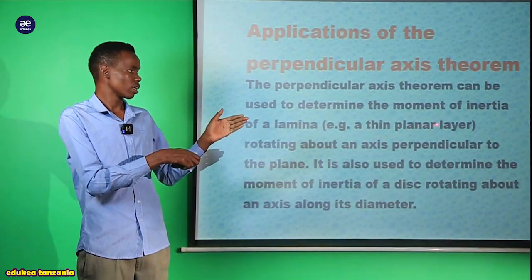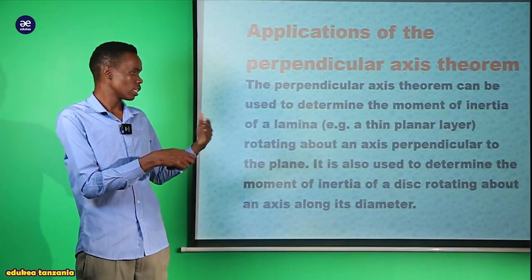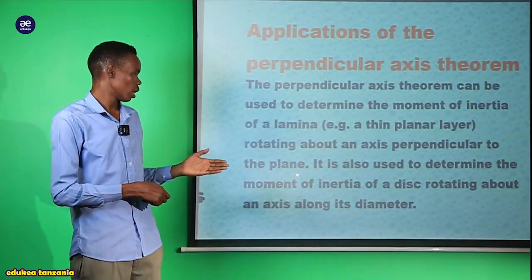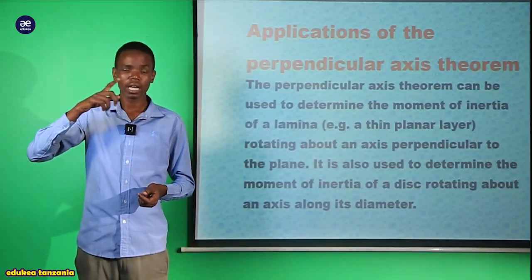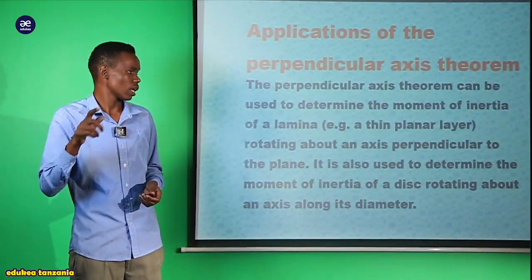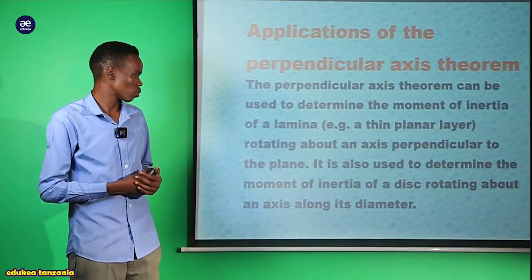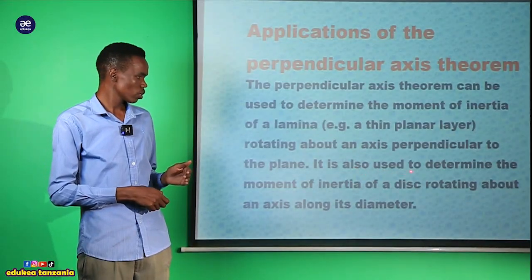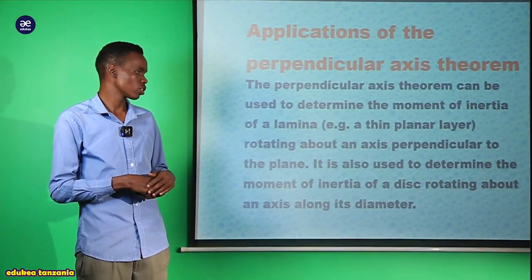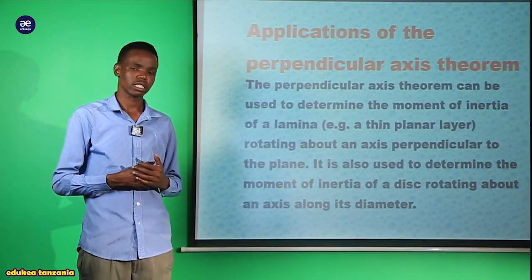We have a planar layer rotating about an axis perpendicular to the plane. Now we are going to see how the planar layer rotates about an axis perpendicular to the plane. It is also used to determine the moment of inertia of a disk rotating about an axis along the diameter.